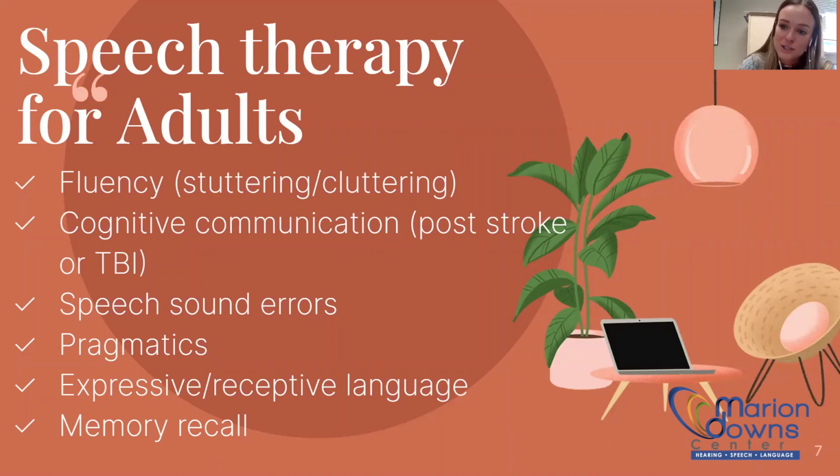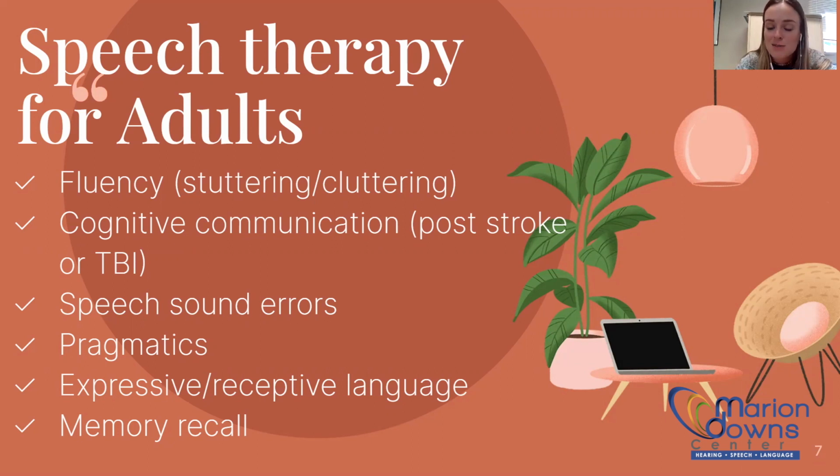Pragmatics, that can also be for children too. Brain injuries can change a lot of things, and it can impact somebody's ability to have a successful conversation with their peers or with their employers. And so that's a big thing to work on, just that social piece and expected and unexpected behaviors, what's appropriate and not appropriate, that can be targeted across all age groups, really.